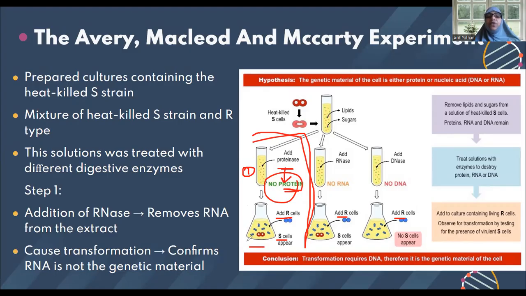So ideally transformation should not happen if protein was the genetic material. But transformation did take place. This confirms that protein is not the genetic material.